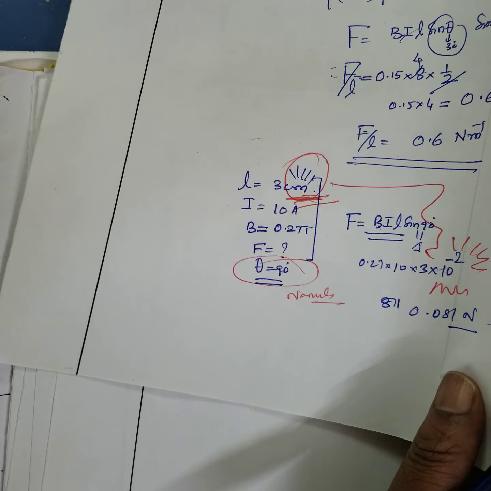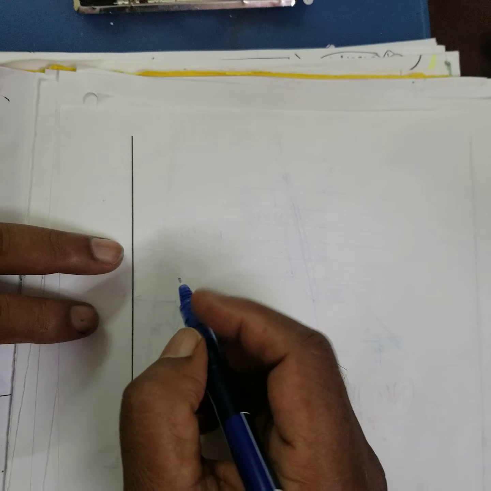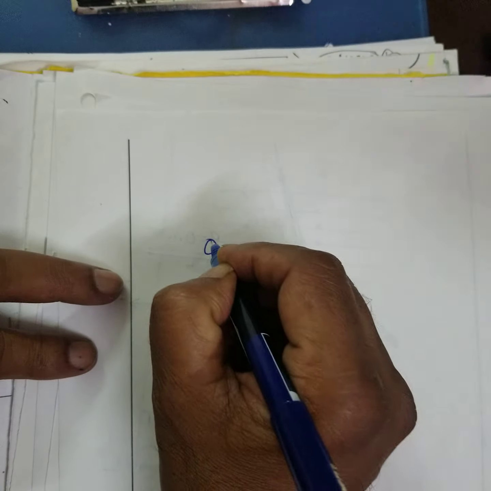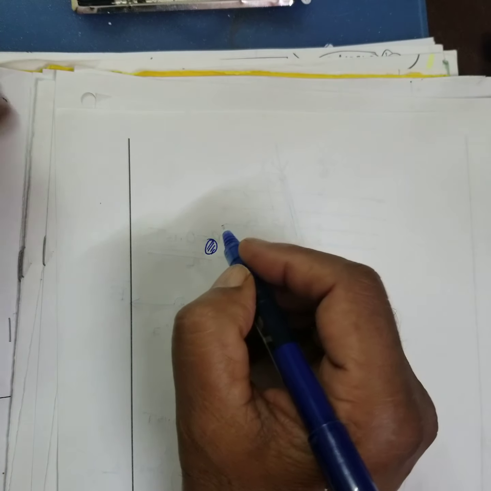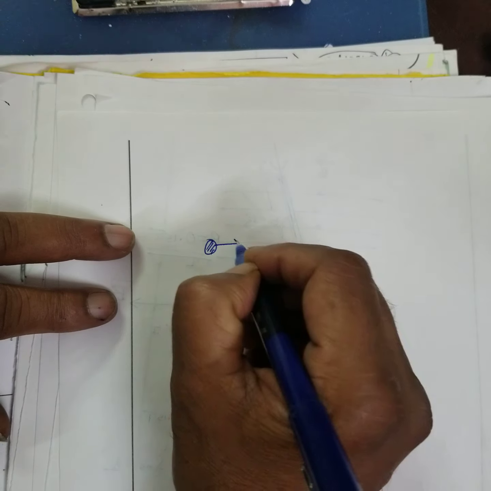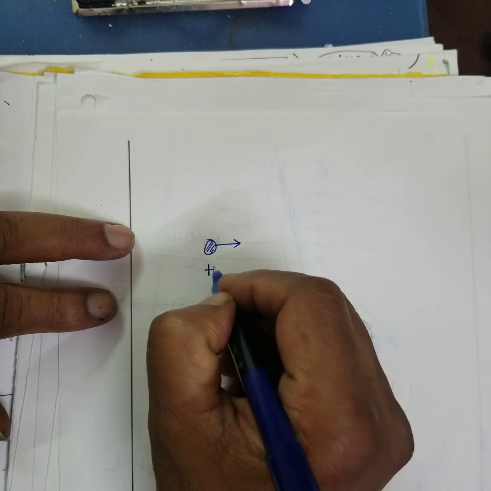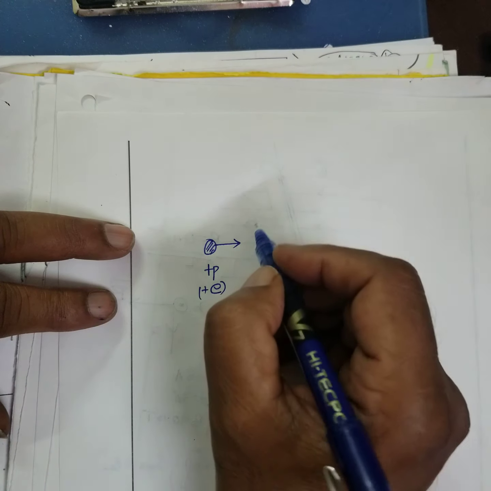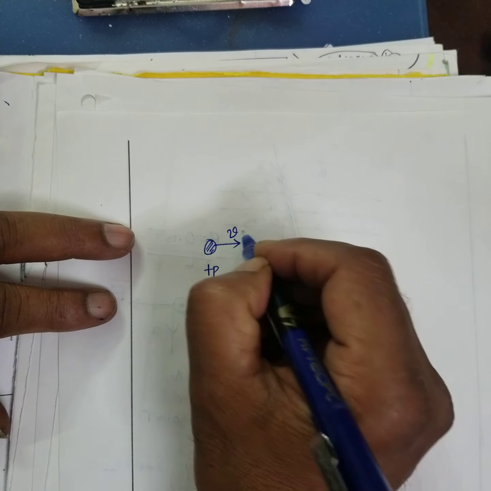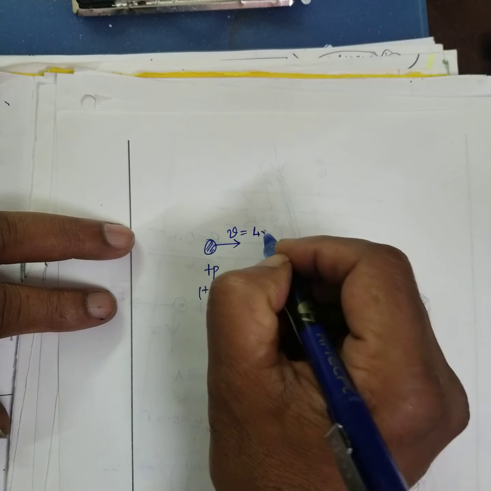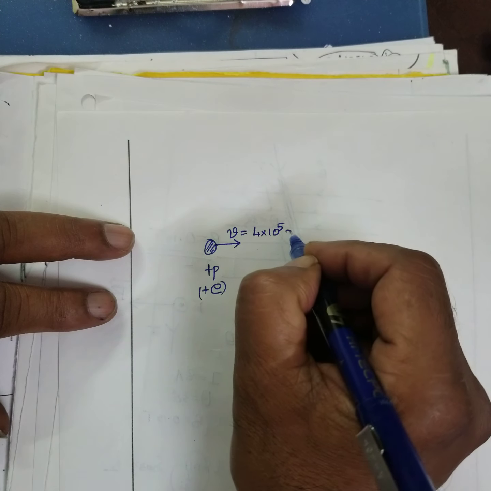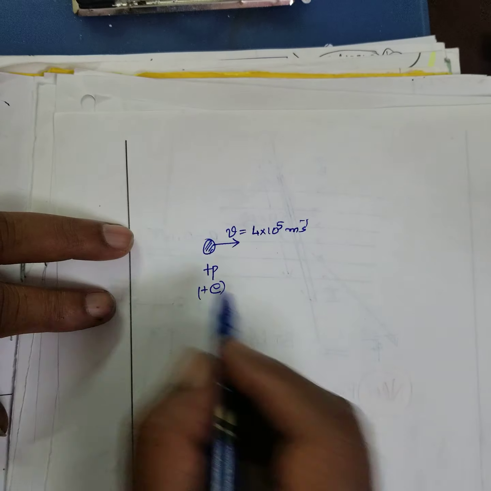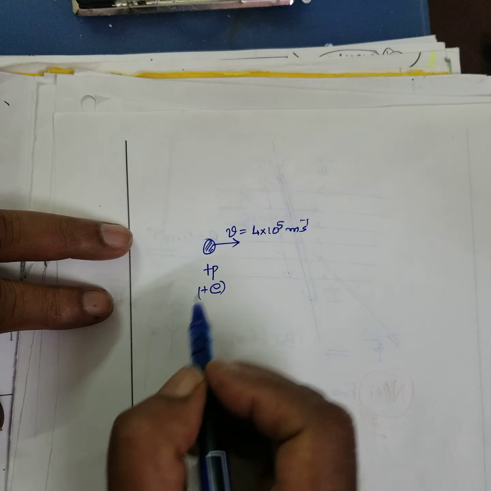Okay. Now another problem is this. A beam of proton. Proton is having a charge plus e. A beam of proton moving with the velocity V, where V is 4 into 10 to the power of 5 meter per second, enters the uniform magnetic field.